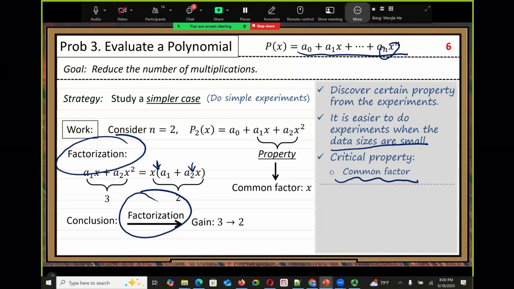So let me stop right here. Next time I will show you how to apply the factorization to calculate the whole polynomial. See you next time.